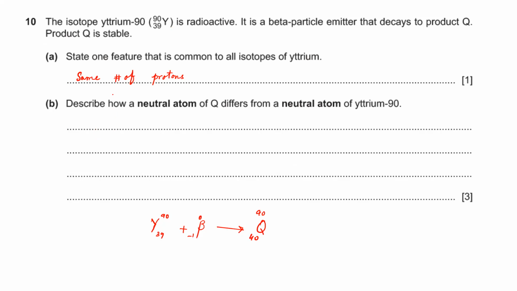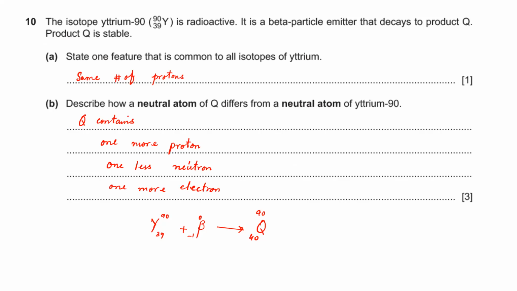Basically Q contains one more proton, one less neutron, and one more electron.